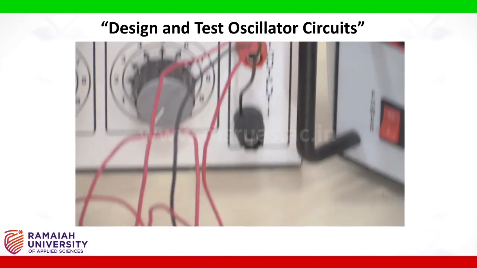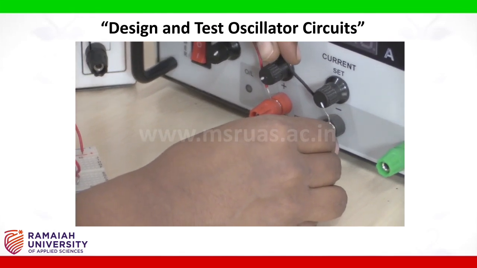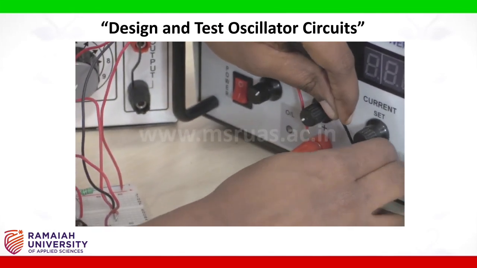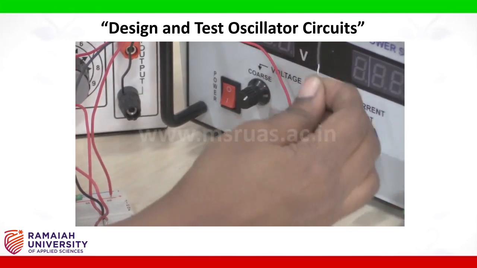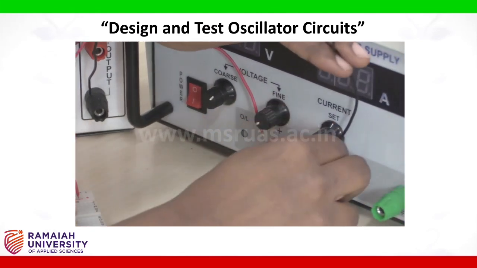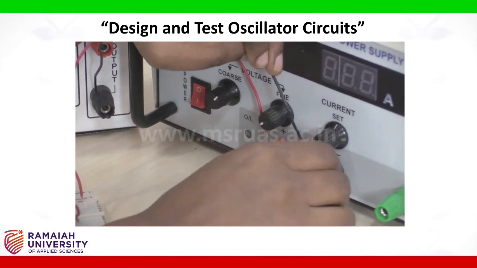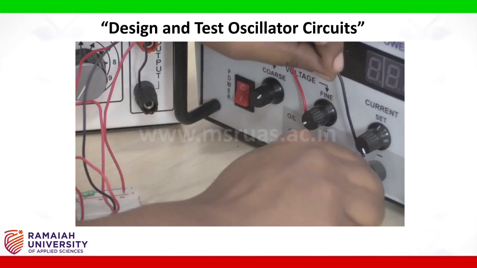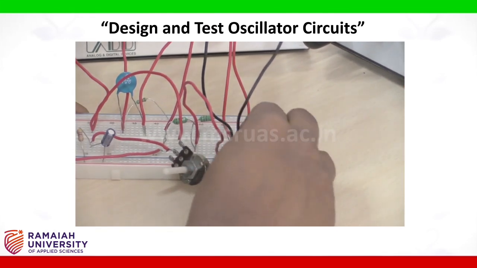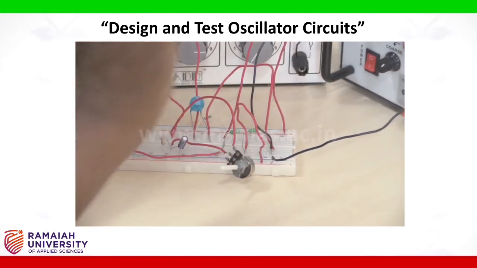Next, take one more connecting wire, give this from negative of the supply to ground. So this is the ground connection and this is the supply connection.